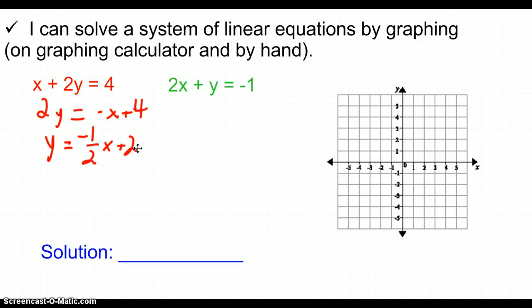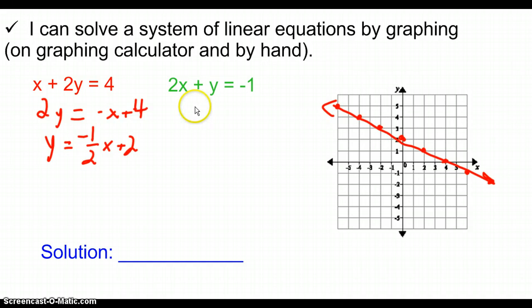And so if we graph that line on our coordinate plane, we have a y-intercept of positive 2 and a slope of negative 1 over 2. And so we have the first line of our system.